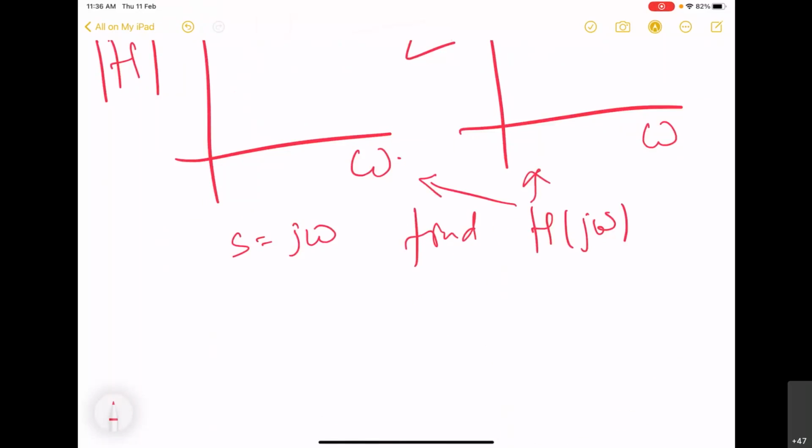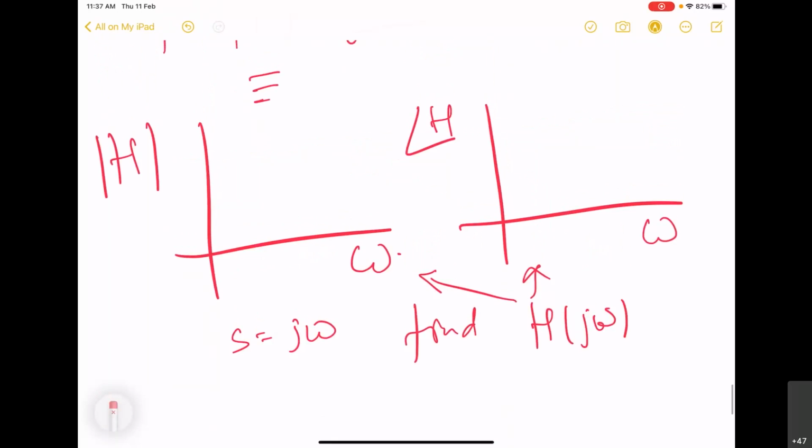So this can always be done, but in many cases, even if you have this expression, this plot cannot be so easily plotted manually. You will have to take the help of a computer because the expression for this transfer function might be quite complicated. So it is now important that we find out some quick way of doing these two plots.